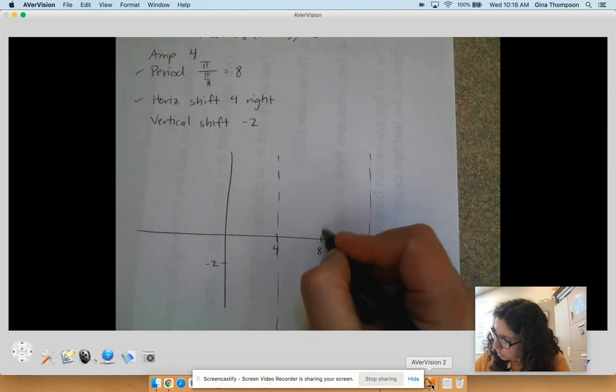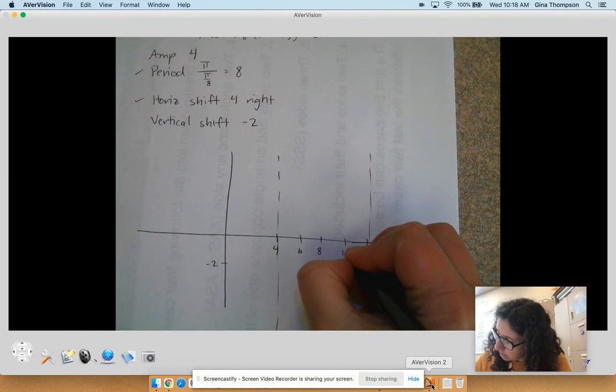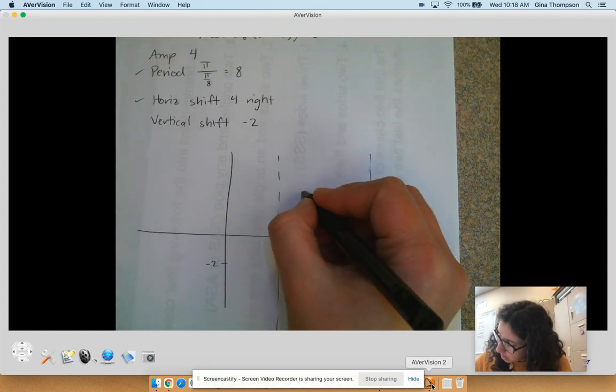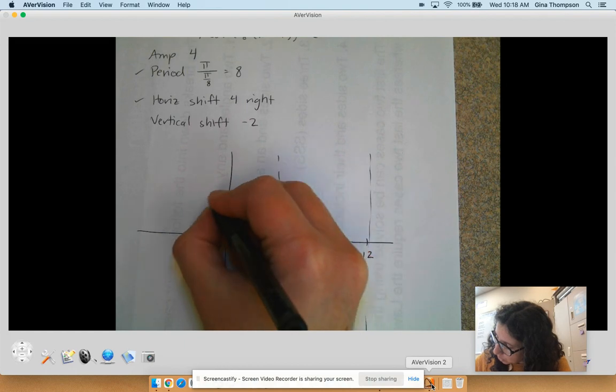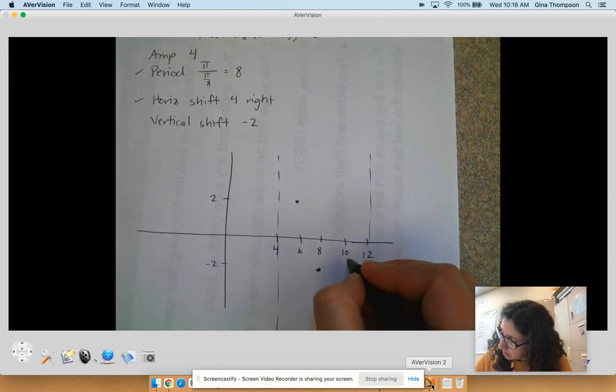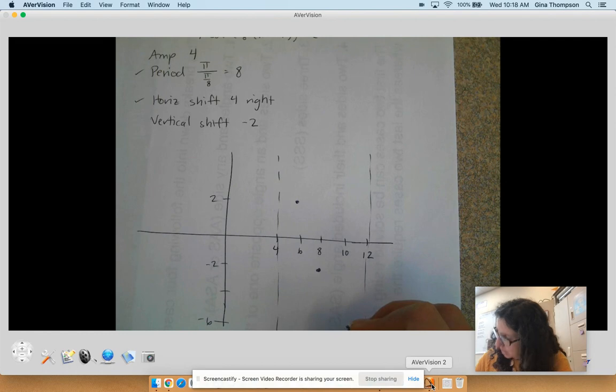And then our amplitude, we're going to go halfway through here. Between here is 6 and here's 10. So normally this would be up at 4, but we've shifted down by 2, so it's going to be at 2. And normally this would be at negative 4, but we're going to shift it down by 2, so it's at negative 6.